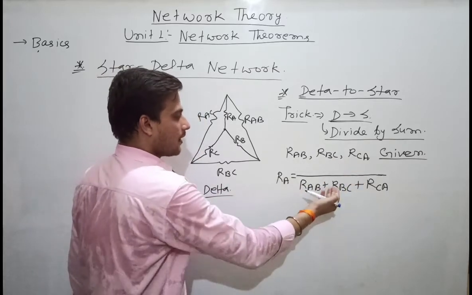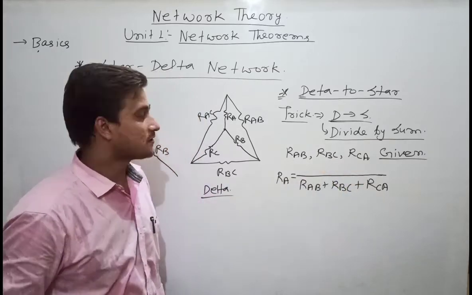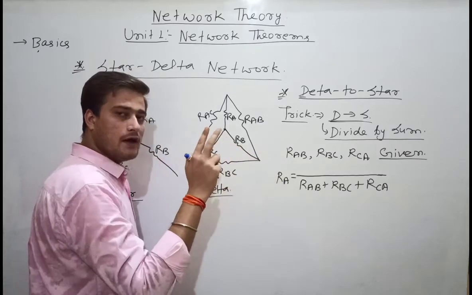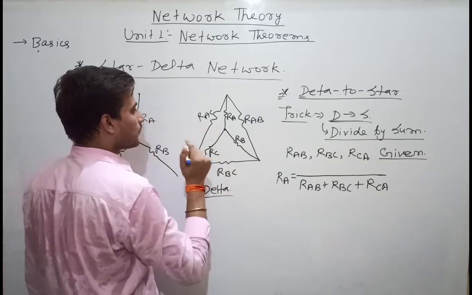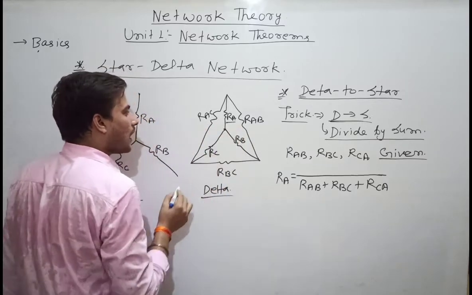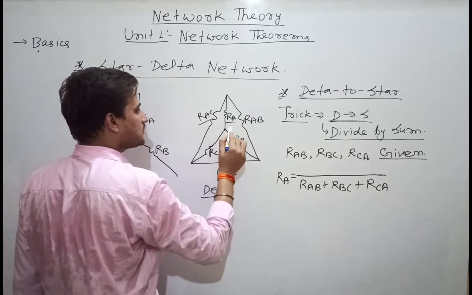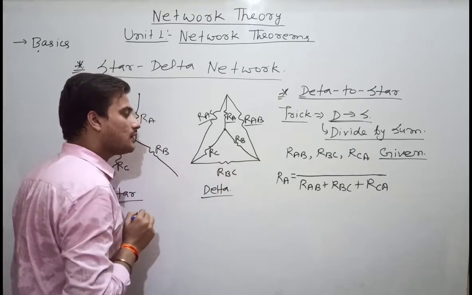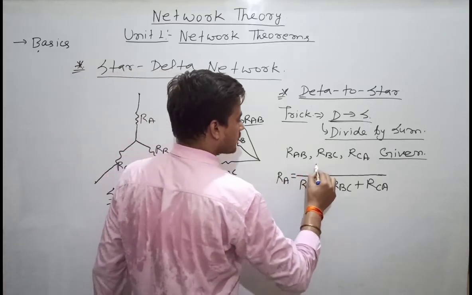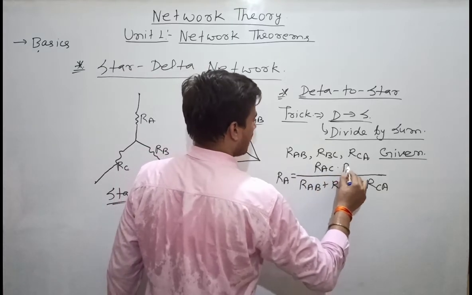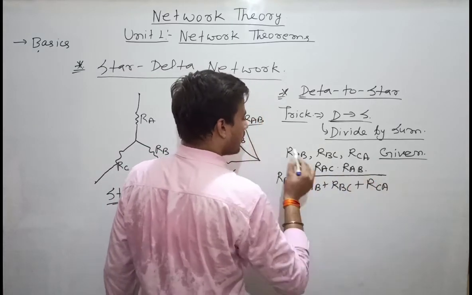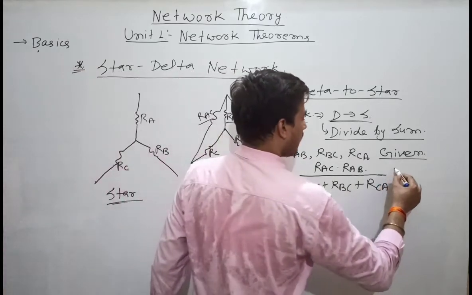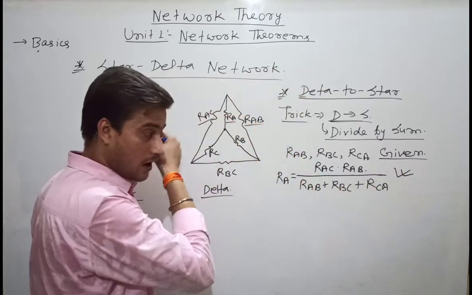Since the denominator is resistance, the numerator will be a square of resistance, that means the product of any two resistors. For RA, you can see that RA is connected to RAC and RAB, but RA is not associated with RBC. So at the numerator you will write RAC into RAB. This is the expression for RA.